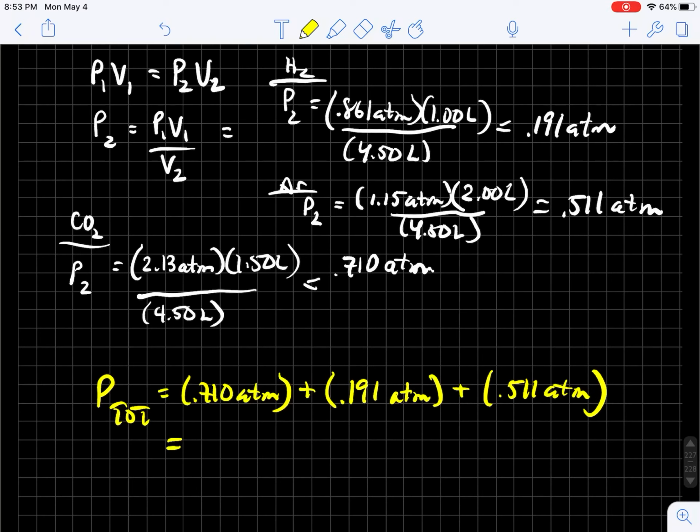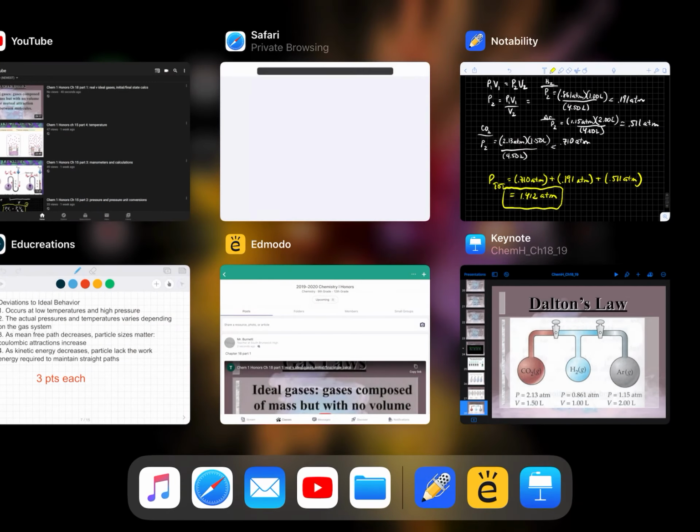And I get a total of 1.412. I say, wait a minute, can't be 4 sig figs, and I'm saying, yes, it can. Remember, the addition rule goes by the number of decimal places that you have, and each of these has 3 decimal places, so our final value also has to have 3 decimal places, so 1.412 atmospheres.